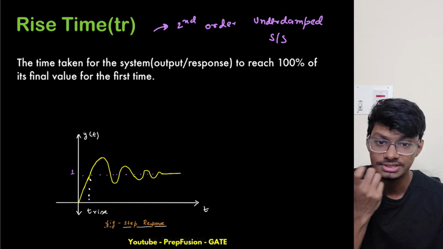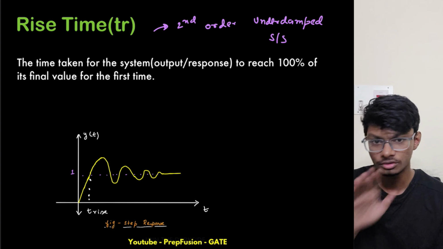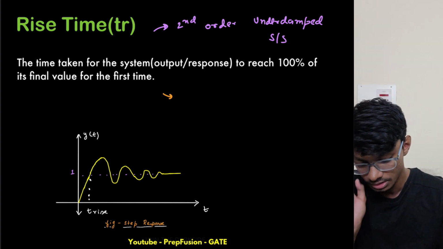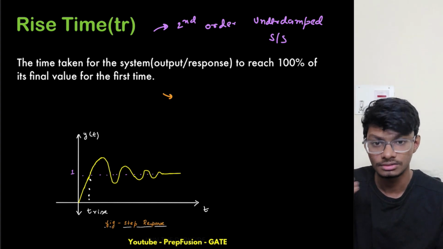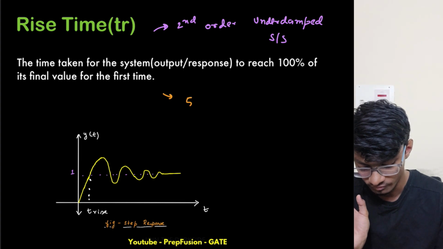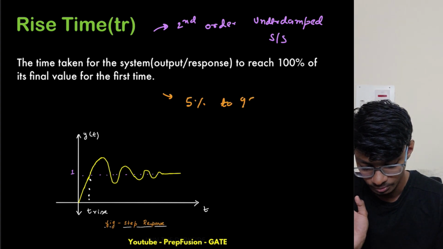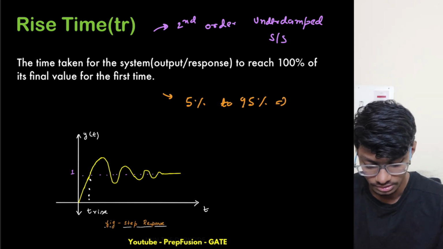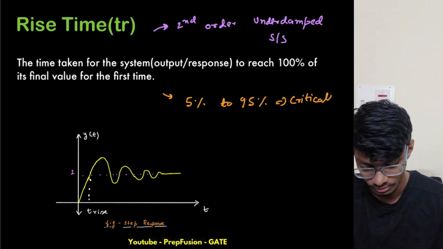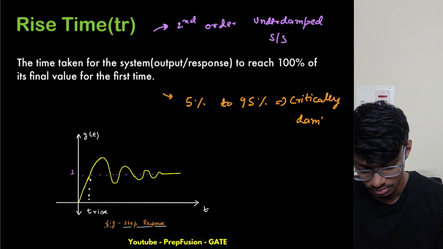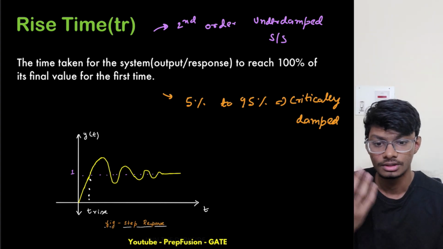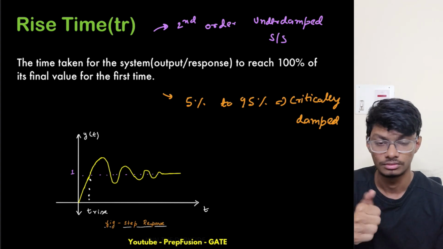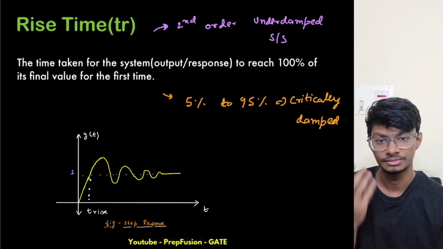Now the definition changes a bit for a critically damped system, and you don't need to remember that, because it won't come anyway. But still, for a critically damped system, the time taken for the output to go from 5% to 95% of its final value is known as the rise time. And for an overdamped system, it is from 10% to 90% of its final value, as we can approximate an overdamped system as first order.